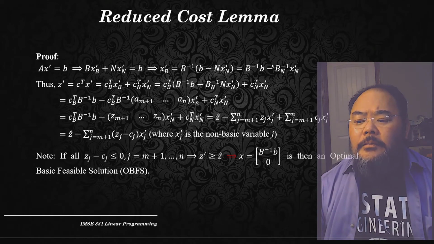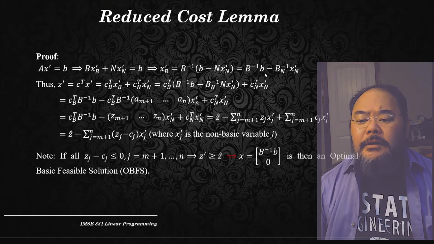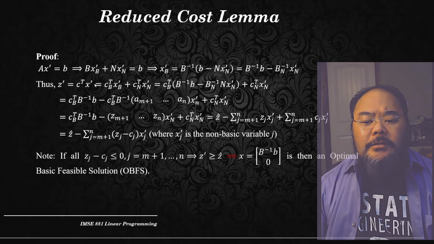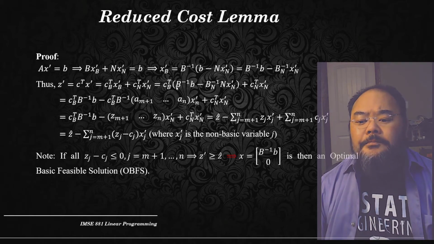B inverse times b is the current basic variable xB, and this part will be B inverse times N times xN prime. All right, and we can calculate z prime. Z prime is the new objective function corresponding to x prime, equal to c transpose times x prime, equal to cB transpose times xB prime, which is this part, plus cN transpose times xN prime.